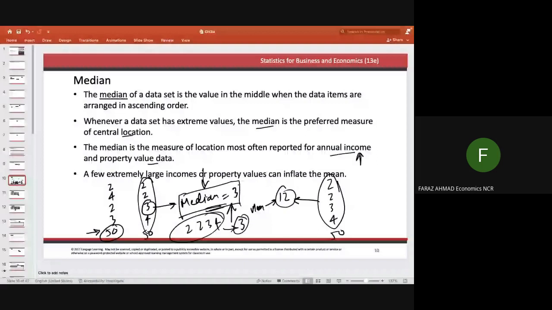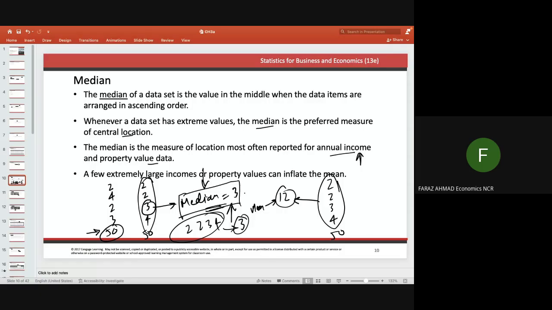All these four values are of the order 3, that means they are around 3. So 3 is giving us an indication of what type of values are there in the data. So median is preferred because mean is affected by extremely large or extremely low values, but median is not affected by extremely large or extremely low values, in other words, by extreme values.